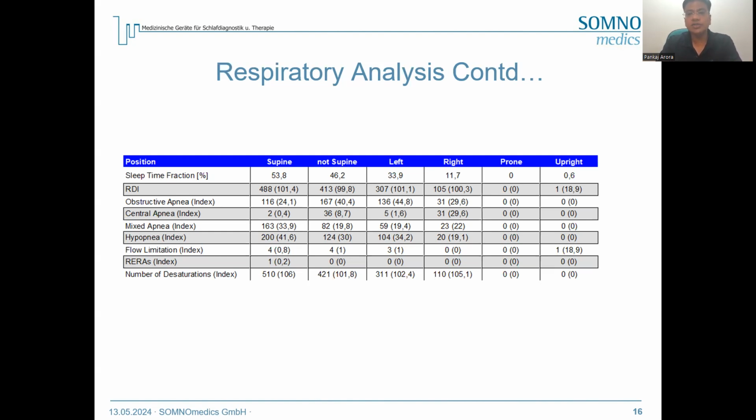Why is it useful? It is very useful particularly when the patient is having mild to moderate obstructive sleep apnea.